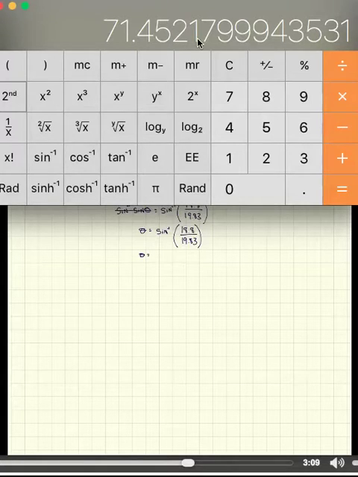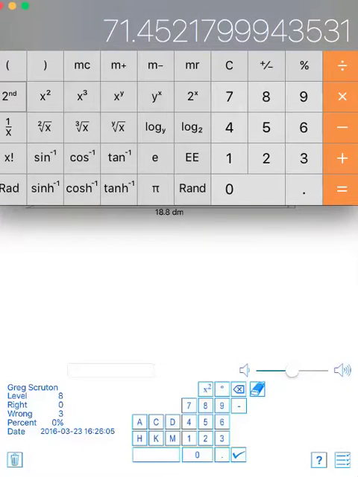I'm going to round it to 4 decimal places. So theta is 71.452, and the 7 tells the 1 to round up to a 2 if I was going to 4 decimal places. All right, so back into the program: 71.4522, and then the degree symbol.